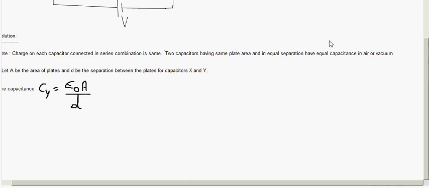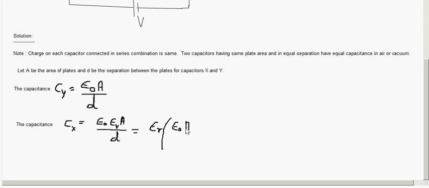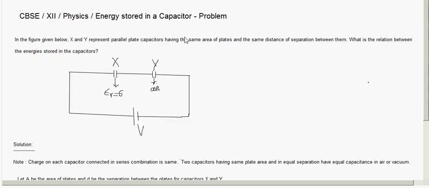Similarly, the capacitance Cx will be equal to epsilon naught epsilon r A divided by D, which is equal to epsilon r into epsilon naught A divided by D. Now we know epsilon r is given as 6.